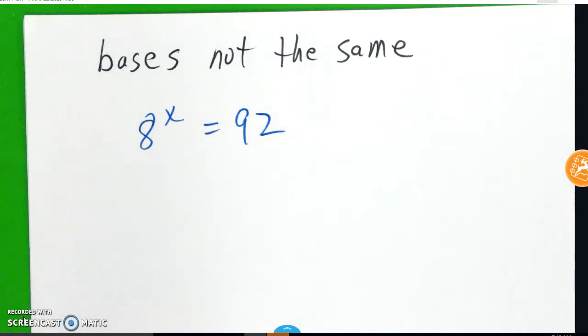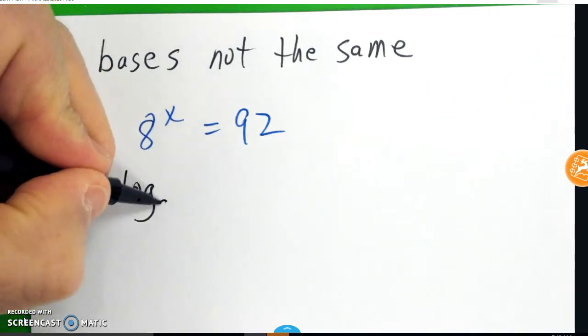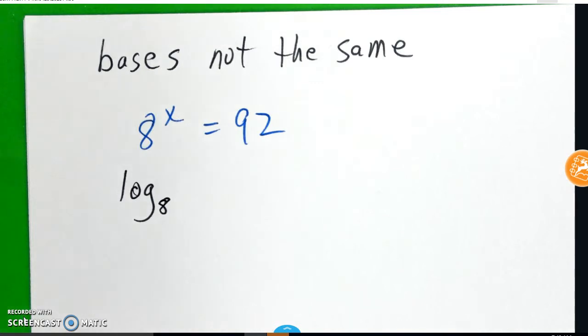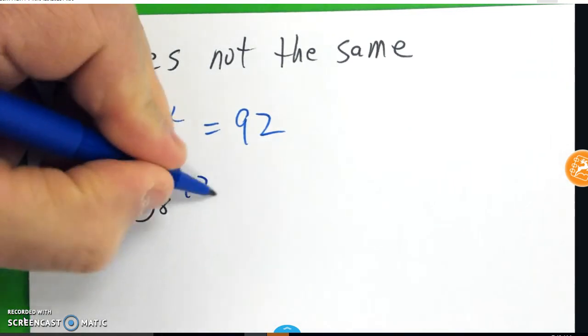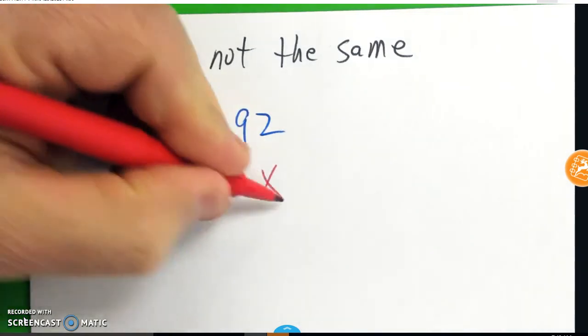Well, remember our log base function in the calculator? Let's just transform this exponential equation into log form. The first thing we're going to do is write log. The base is going to stay 8. Now we're going to write the 92, so log base 8 of 92 is going to equal x.